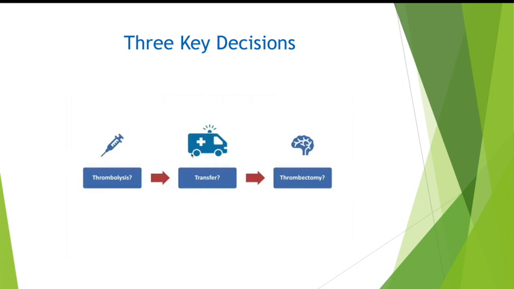If not, then the patient might even be eligible for what is known as a mechanical thrombectomy. The time window for mechanical thrombectomy is larger than that of thrombolysis. Thrombolysis can be administered only within 4.5 hours since symptom onset, whereas mechanical thrombectomy can be offered even up to 24 hours, depending on DAWN criteria, EXTEND criteria, or DEFUSE criteria.